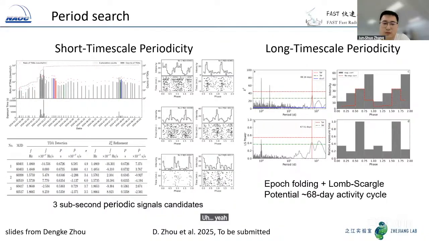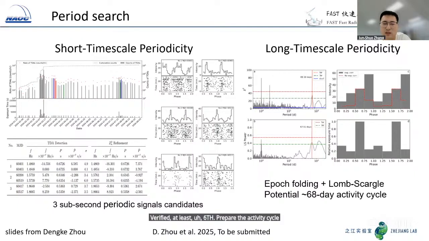Yeah, this work is mainly developed by Deng Zhou, and as far as I know, he used epoch folding and Lomb-Scargle to verify this 68-day activity cycle.